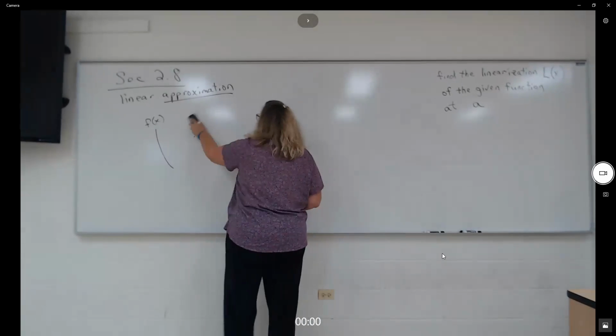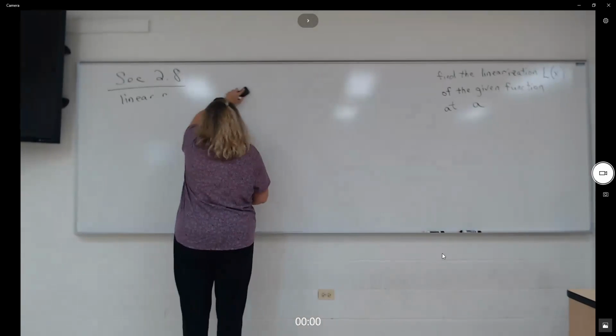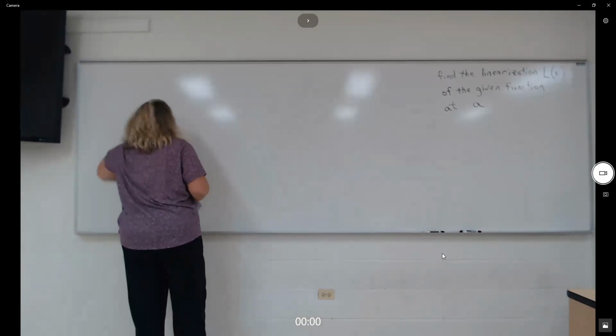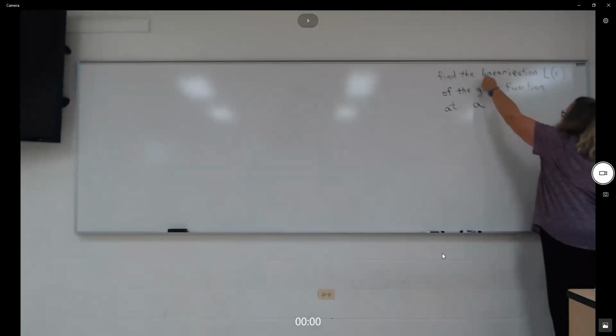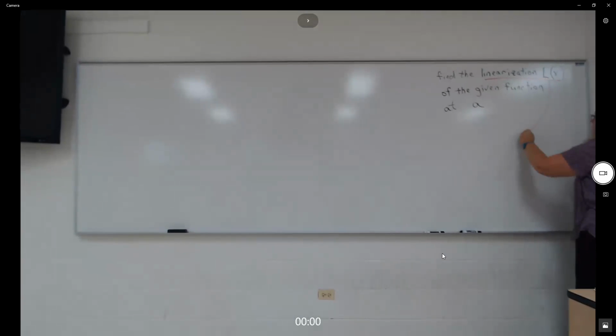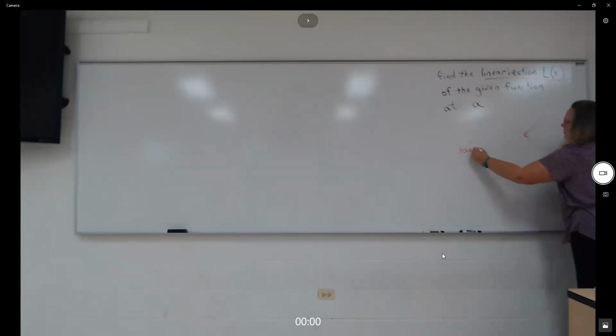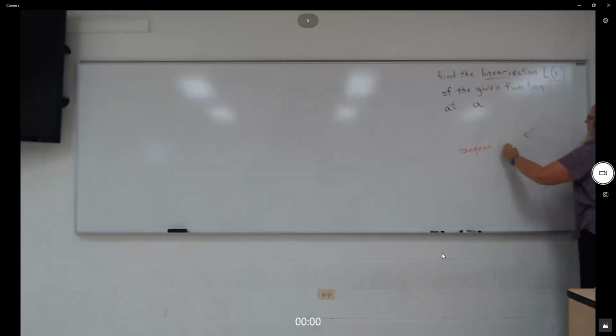For us, as far as the procedure, what we've been doing is finding the tangent line. Okay? So this linearization L is really just finding the tangent line. It's the same line.